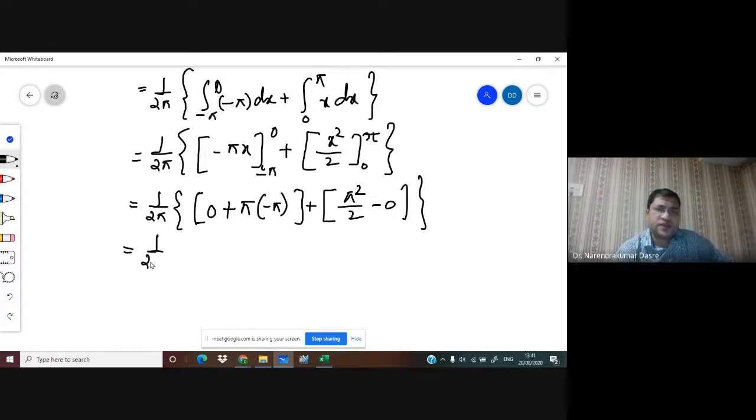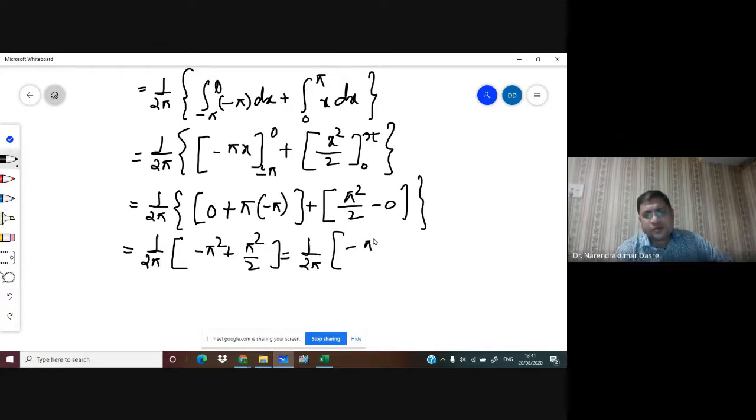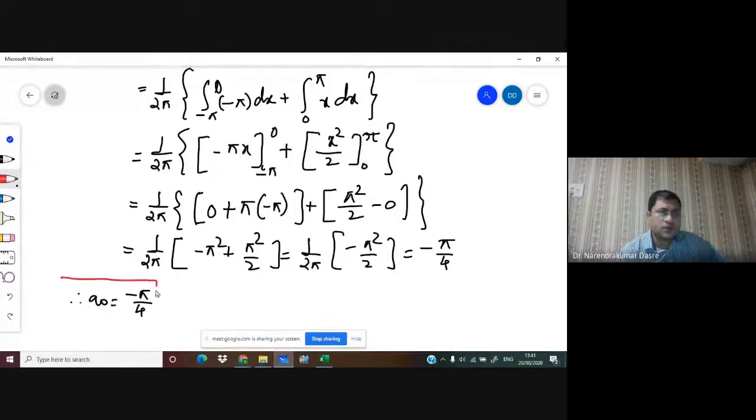So let us simplify this. 1 upon 2 pi, so it is minus pi square plus pi square by 2, so it is 1 upon 2 pi times minus pi square by 2. So pi will get cancelled and you will be having minus pi by 4. So we got here a0 is equal to minus pi by 4. And that's what we have as the second equation.